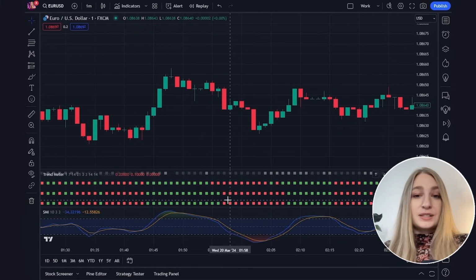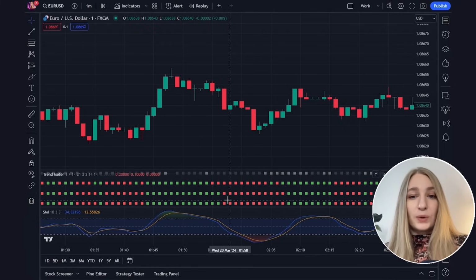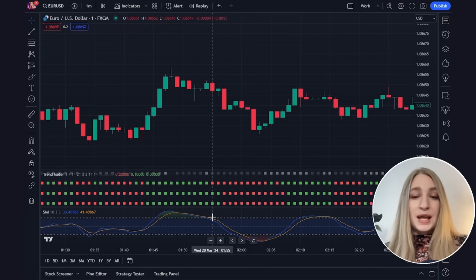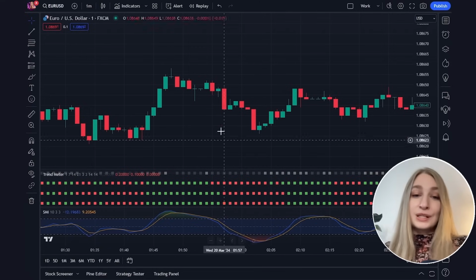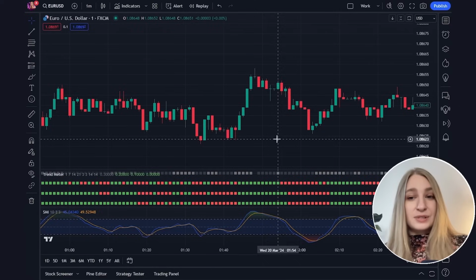Here all 3 red dots are formed, and on the SMI indicator the line is pushing away from the upper boundary and going down, so we can safely open a deal, in this case on the downside.